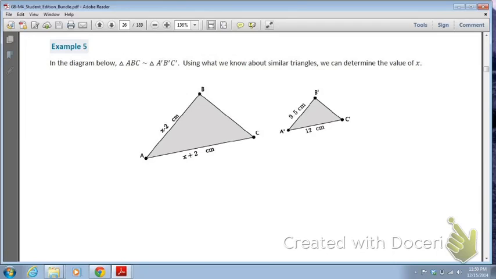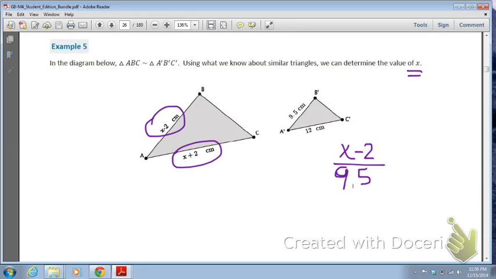So we want to determine the value of x. And so we've got expressions for these side lengths, AB and AC here. And so we're going to set these up. So side length AB is x minus 2. And that corresponds to side length A prime, B prime, which is 9.5 centimeters. Okay, so that ratio is going to equal the ratio of AC to A prime, C prime.